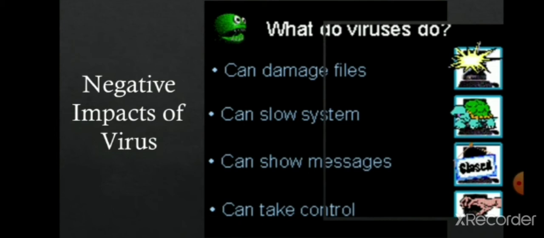These viruses can damage our files, can slow our system, can reformat hard disks, can lead to data losses, can steal sensitive information, and even lead to extortion of money.